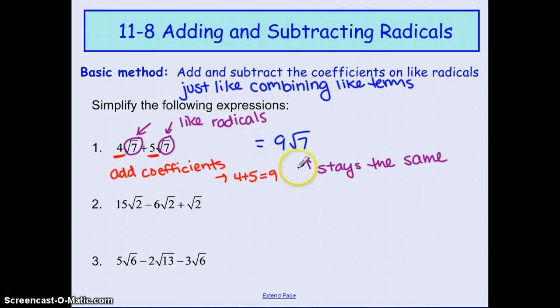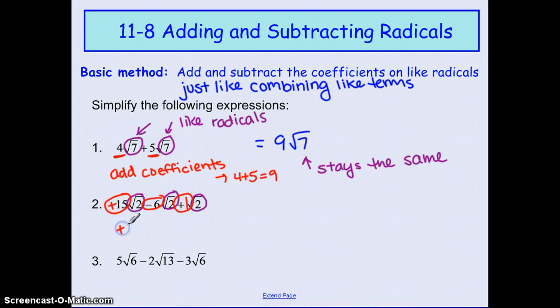Same thing works down here in example 2 with subtraction. We have our like radicals. This has a radical 2, this has a radical 2, and this has a radical 2. So that means that we are going to add the coefficients together. But remember, this is a plus 15, this is a minus 6, and then the plus radical 2 is like having a plus 1 coefficient.